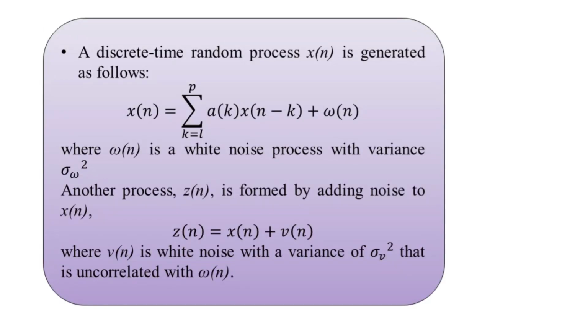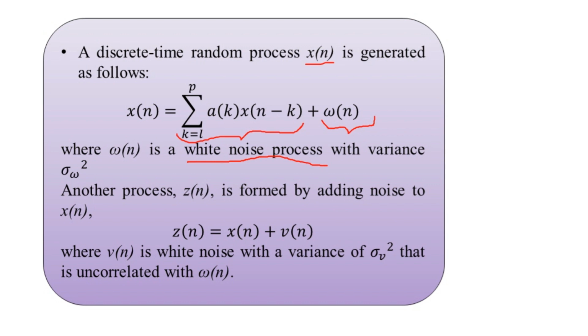So here we have the first random process denoted by x of n. As we find here, x of n is determined by the two terms on the RHS. First, the summation for k equal to L to P of a of k in multiplication with x of n minus k, and the second term is w of n, which is called a white noise process.